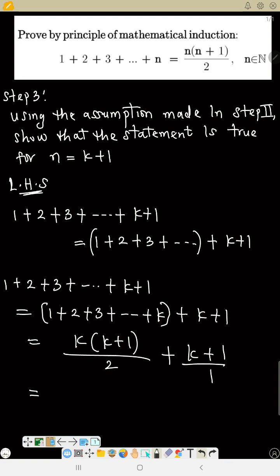Instead of finding the LCM, you can say k plus 1 is here, k plus 1 is here, meaning k plus 1 is common. If you factor out k plus 1, it will remain k over 2 plus 1.